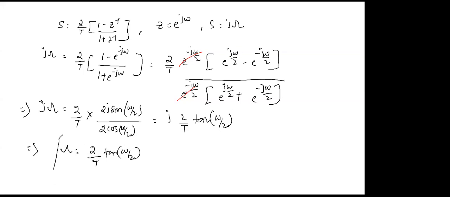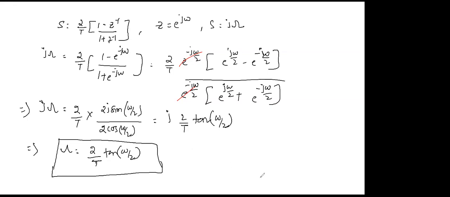You should not confuse capital omega for the analog domain and small omega for the digital domain. Now we got capital omega, which means analog domain, equals 2 by T tan omega by 2. Okay, clear to all of you? Yes or not?